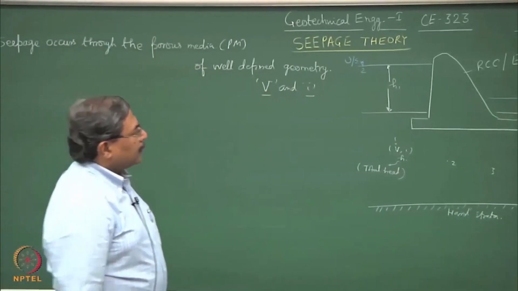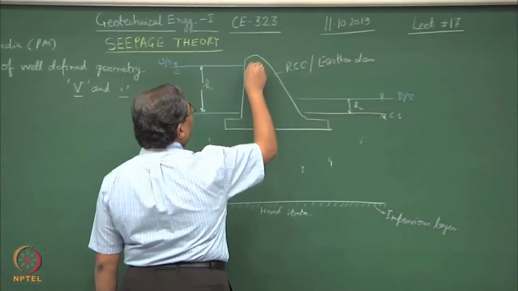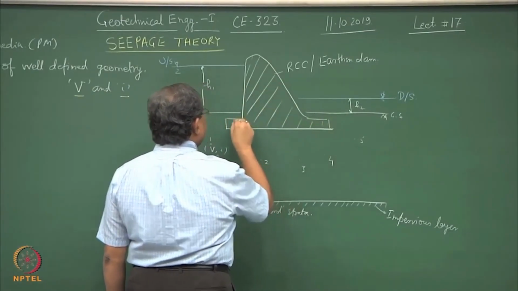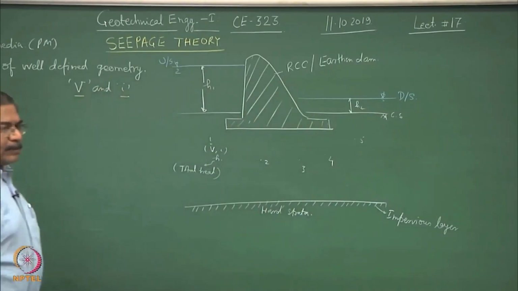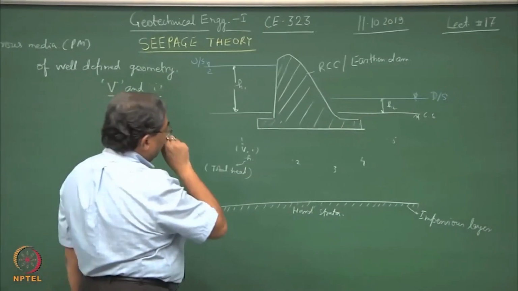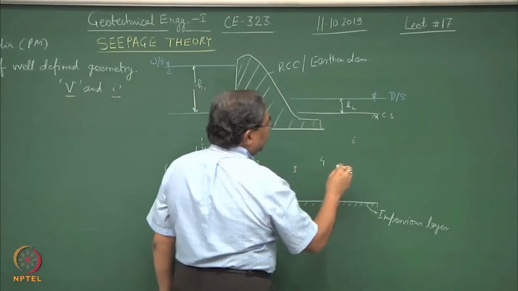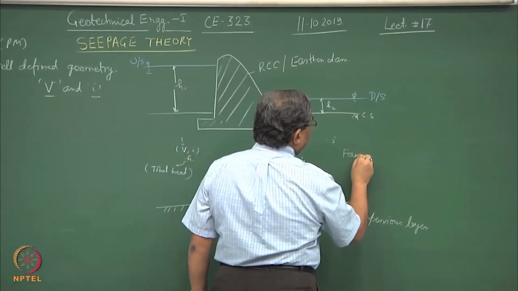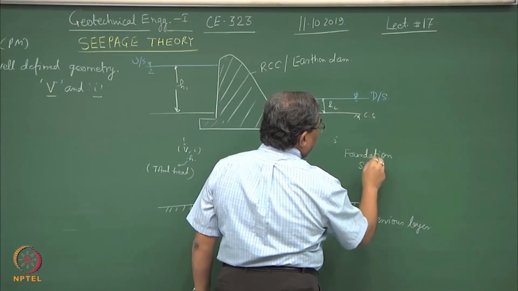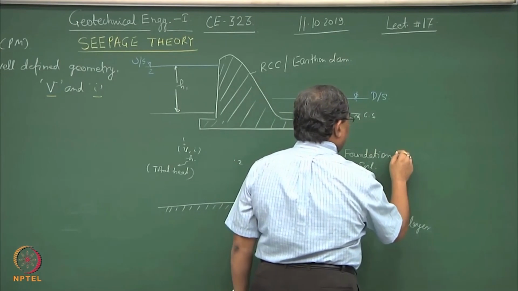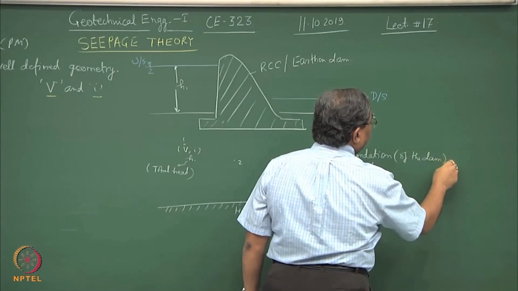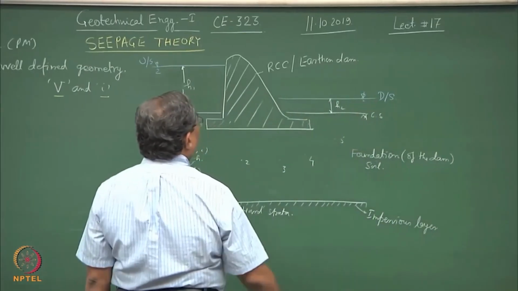Now this is a typical cross section of the earthen dam or an RCC dam. Now my interest is to find out how much seepage is taking place through the foundations of this system. So, this part is defined as the foundation soil, or the foundation of the earthen dam. This is the body of the dam.